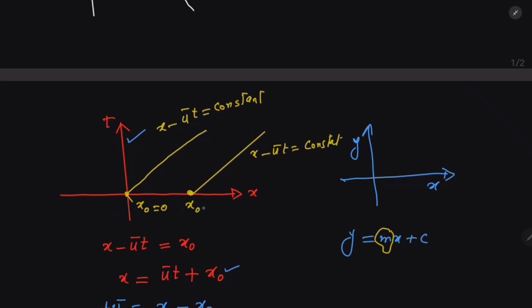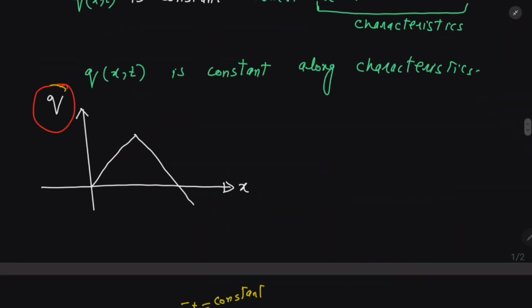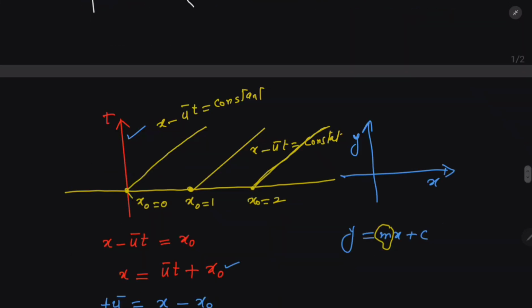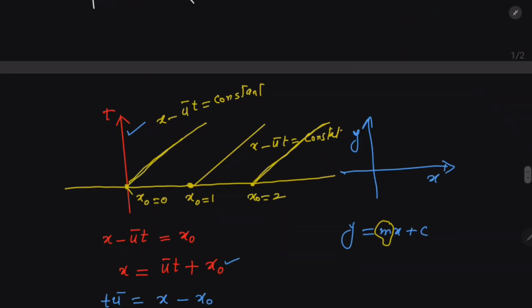There will be another x naught, for example 1, and so on. And similarly, we have a third value x naught is equal to 2, and then we have this characteristic. So all this information q actually travels on these characteristics.